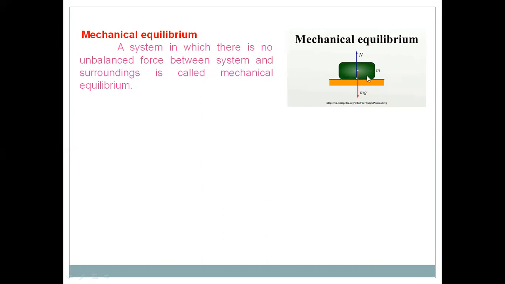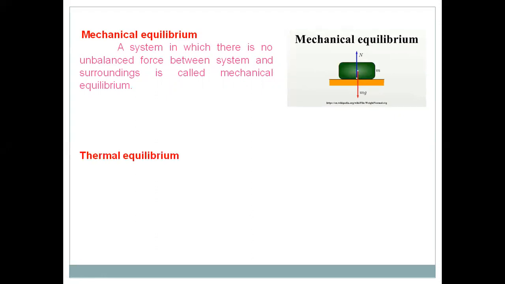If this object is in equilibrium, the normal force N is equal to mg. According to Newton's third law of motion, action is equal to minus reaction. So the resultant force on this object is zero. This is in mechanical equilibrium.